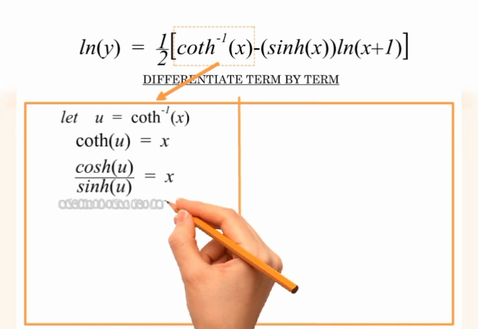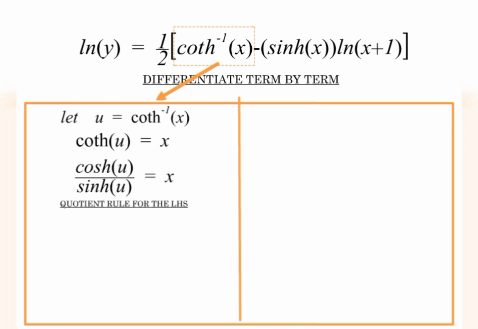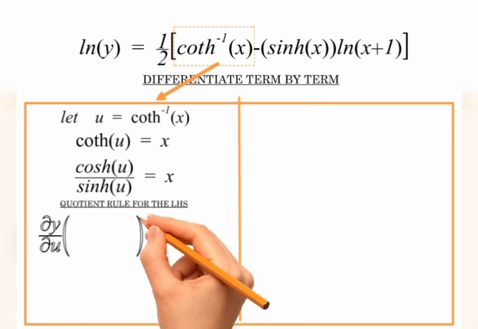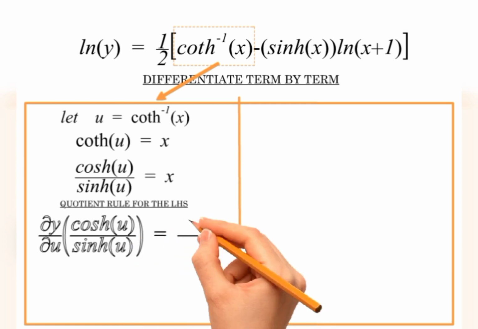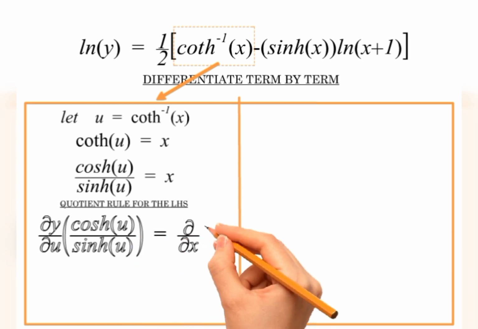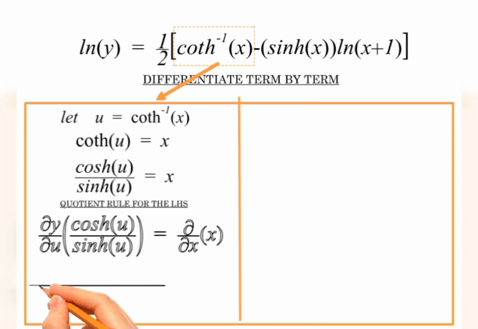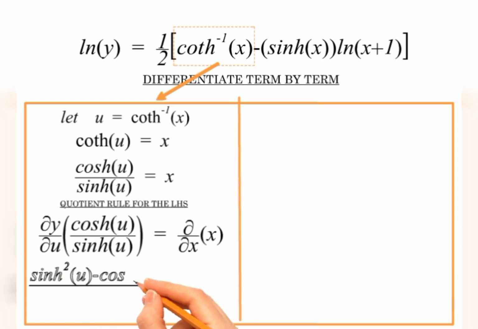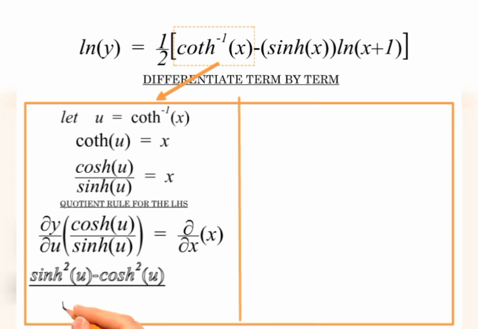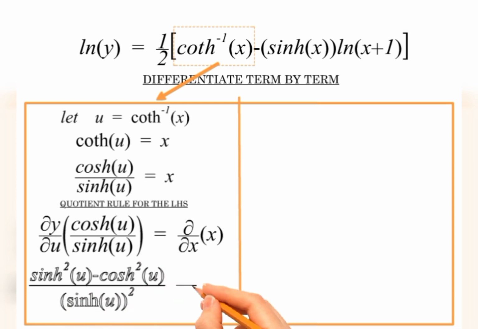If the numerator of a function is u and the denominator is v, the derivative becomes v du over dx minus u dv over dx, all over v squared. This is the same idea we want to apply here. Then by quotient rule, the left-hand side is equal to sinh squared u minus cosh squared u over sinh squared u, times du over dx. And the right-hand side gives 1.